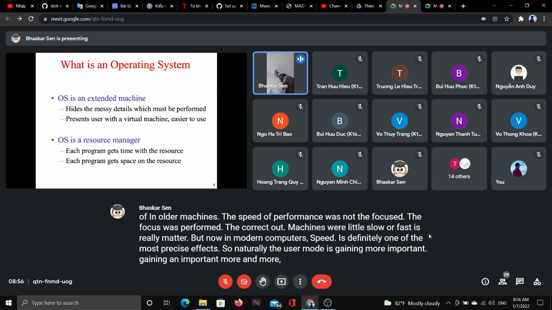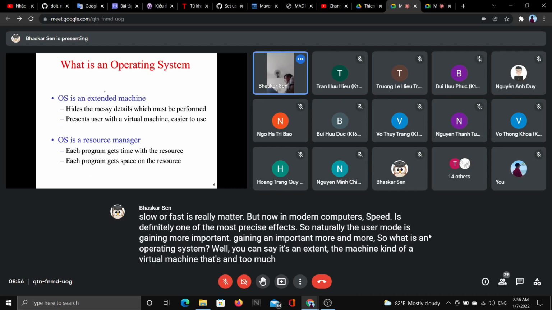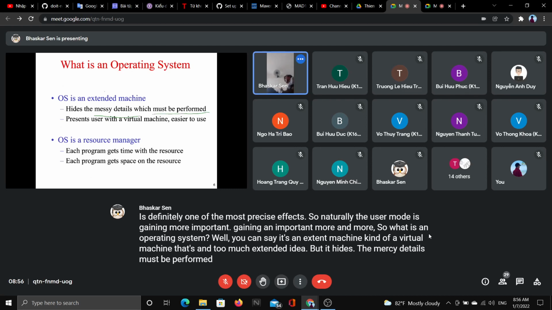So what is an operating system? Well, you can say it's an extended machine, kind of a virtual machine. That's too much of an extended idea. But it hides the messy details which must be performed to facilitate this interaction. It also works as a resource manager.